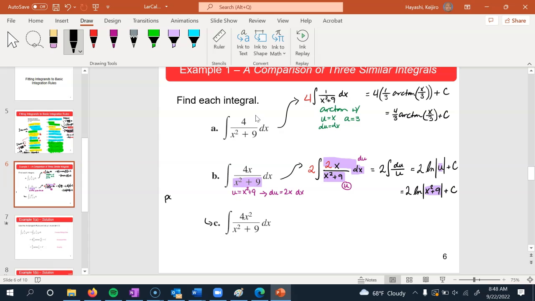And when that happens, if the power of the numerator is greater than or equal to, in this case it's equal, the power of the denominator, then do polynomial division.